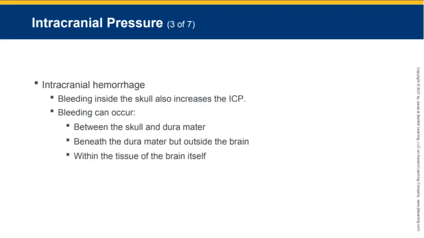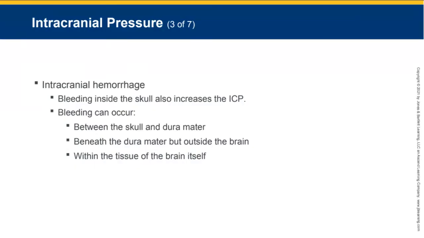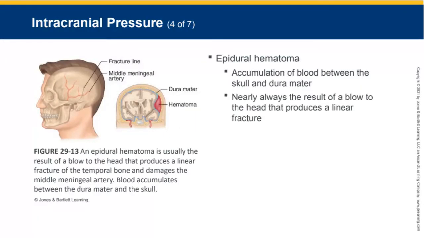If it's beneath the dura mater but outside the brain tissue, it is referred to as subdural bleeding. And bleeding can occur within the brain tissue itself, intracerebral bleeding.